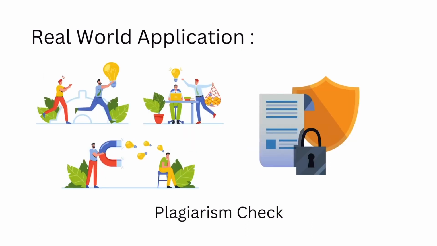Next, we can use this for plagiarism. Since plagiarism is just copying from the authors and pasting it in your own work, we can check if a student is copying homework from others or writing on their own. If the edit distance is very low, there is a very high chance of them copying others.